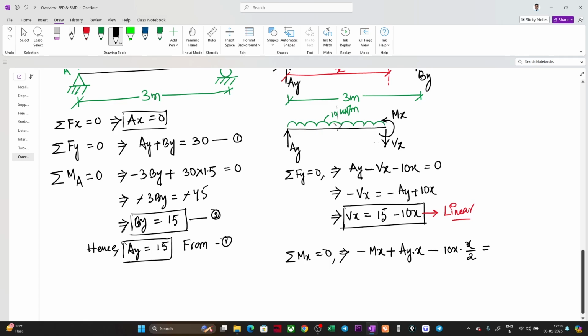So this is equal to 0. Now we know the value of Ay, it is 15x. So we can say minus Mx plus 15x minus 5x square, equal to 0.